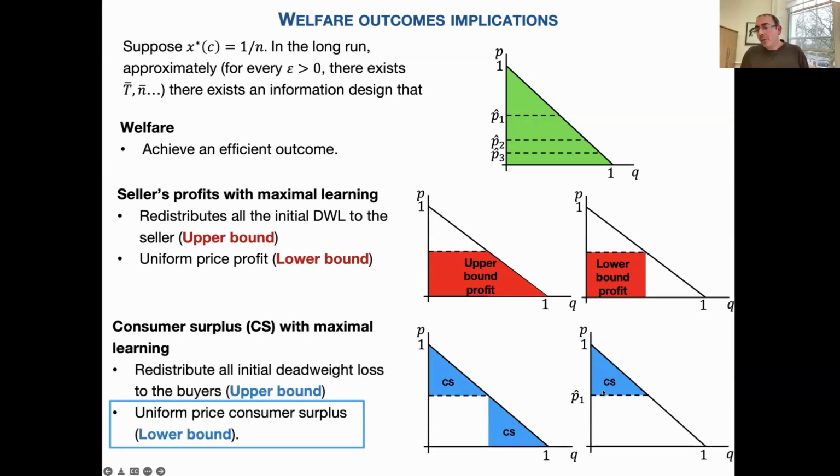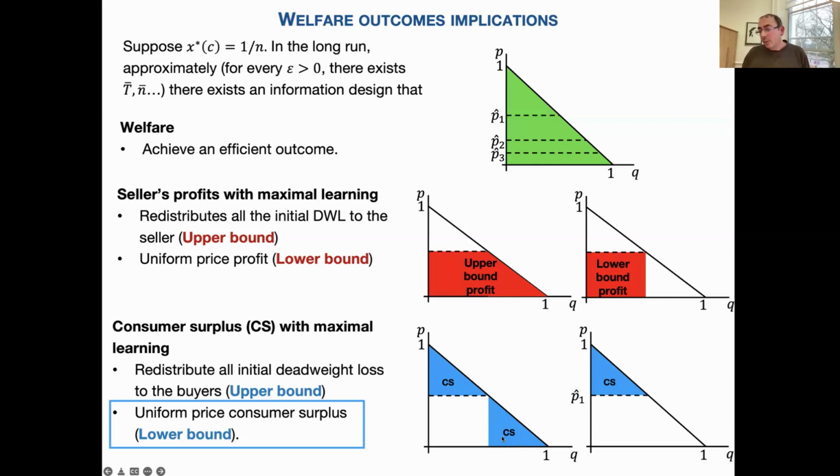And similarly for the consumer, this is the consumer surplus that the consumer has. The consumers will always get this consumer surplus because it is not possible to have price experimentation above P at 1. It's also possible to give all the deadweight loss to the consumers in the long run.